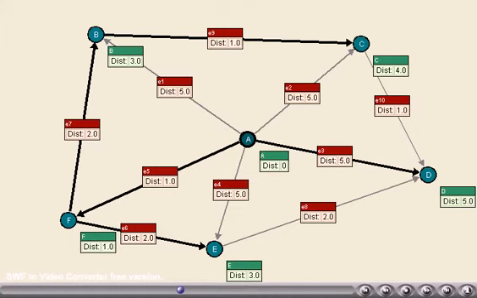The minimum distance path is A, F, E, F, B, C and A, D. Those are the edges which are highlighted. They are the ones which are in the minimum distance path.